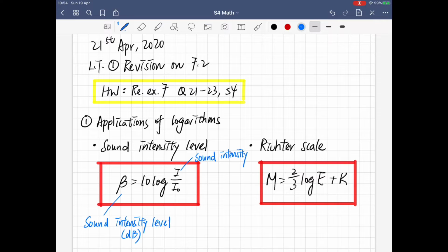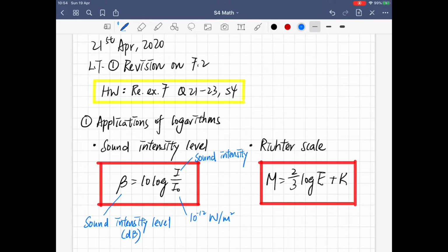That means how strong or how large is the sound you measured. And for the I zero, it is a constant, equals 10 to the power negative 12, and the unit is W over meter square. And it represents the lowest sound intensity that can be heard by humans.